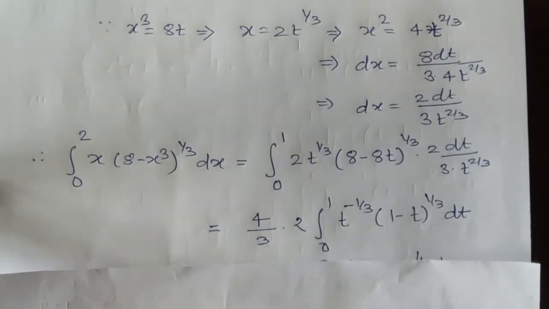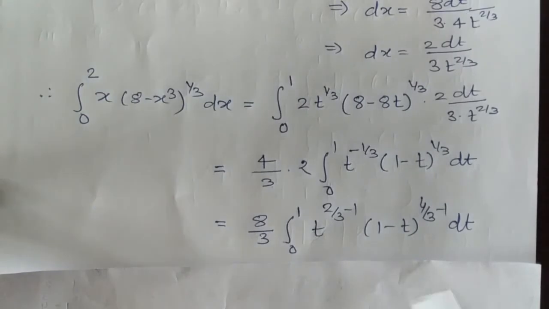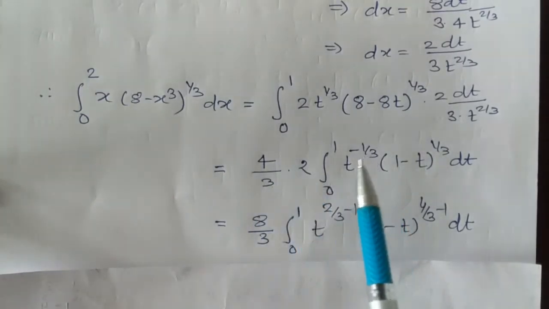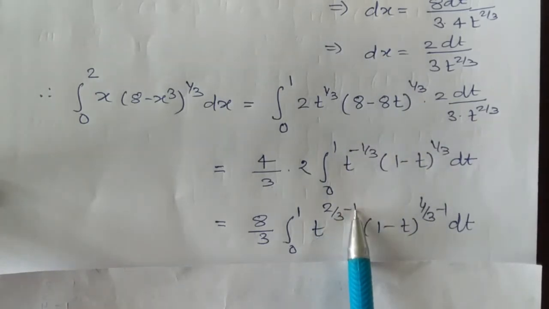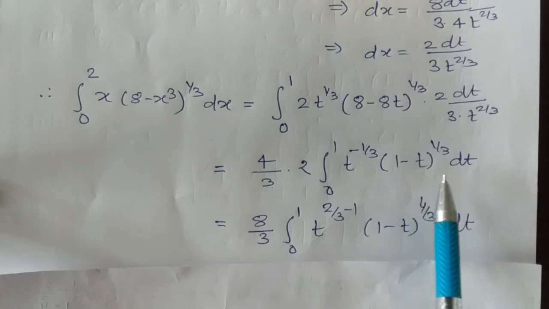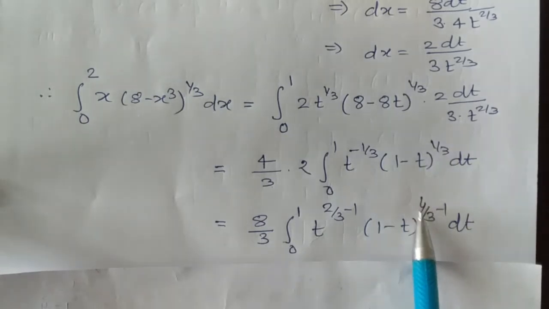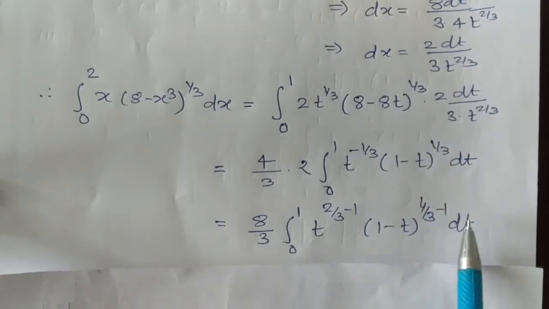Further we write 8 by 3 integral from 0 to 1 of t power (2/3 minus 1) into (1 minus t) power (4/3 minus 1) dt.